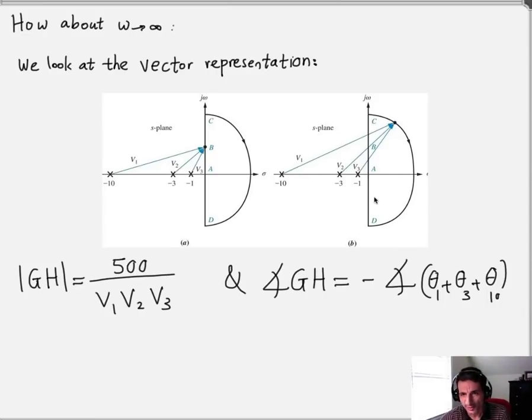So theta 1, which is this angle, is going to be 90 degrees. Theta 2 is also going to be 90 degrees, and theta 3 is also going to be 90 degrees.